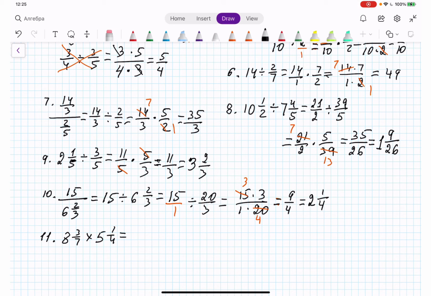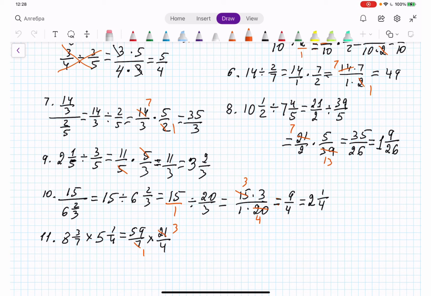So 8 times 7, 56. 56 plus 3, 59 over 7 times 5 times 4, 20, plus 1, 21 over 4. And we have, let me see, 21 and 7. Both of them you can divide by 7. This is 1, this is 3. 59 and 4, you can't do anything.